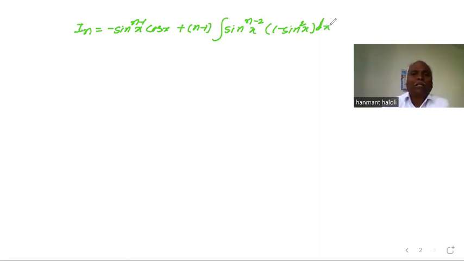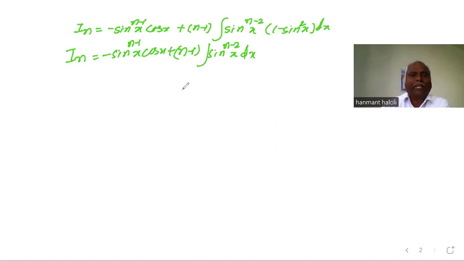You can split up that integrand term. In equals minus sin raised to n minus 1 x cos x plus, now here n minus 1 is as it is. The 1 you integrate, you get here sin raised to n minus 2 x dx.